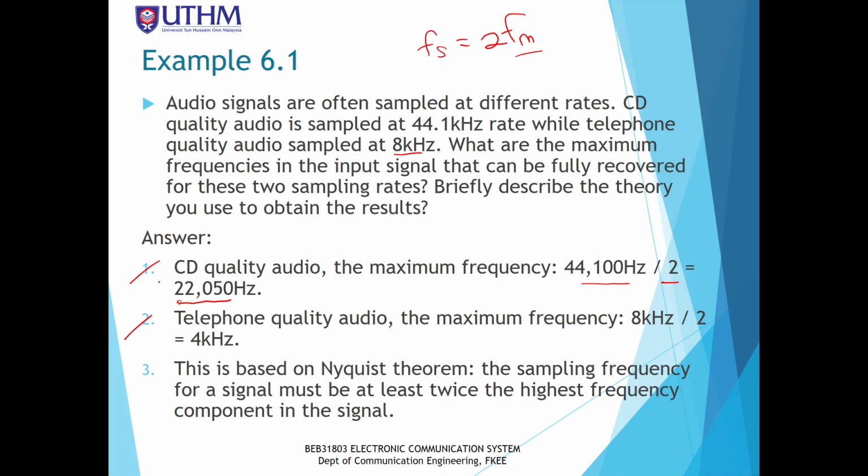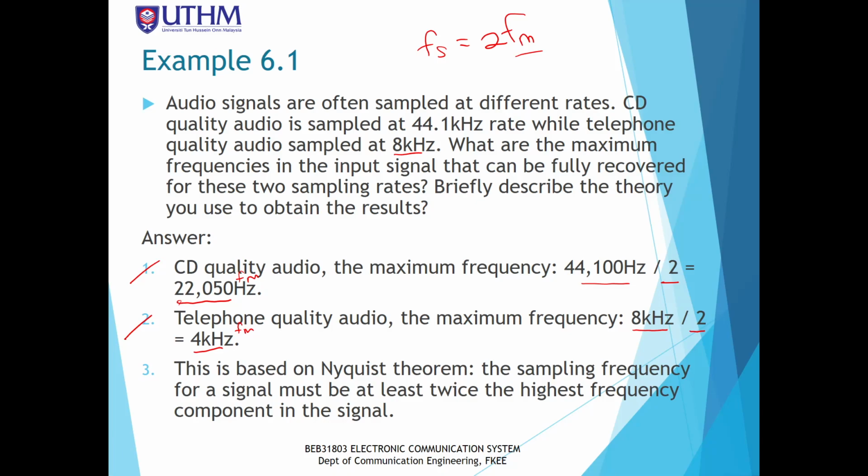While for the telephone quality audio, the sample frequency given in the question is 8 kilohertz. Therefore, the highest input frequency is the sample frequency divided by 2, so we get 4 kilohertz. This is what we call the highest fM.